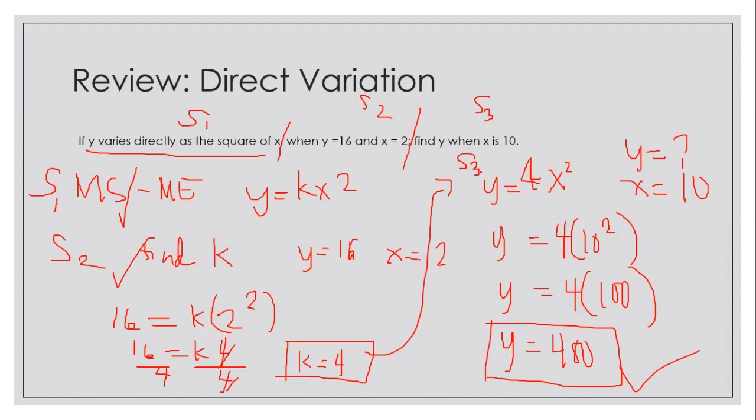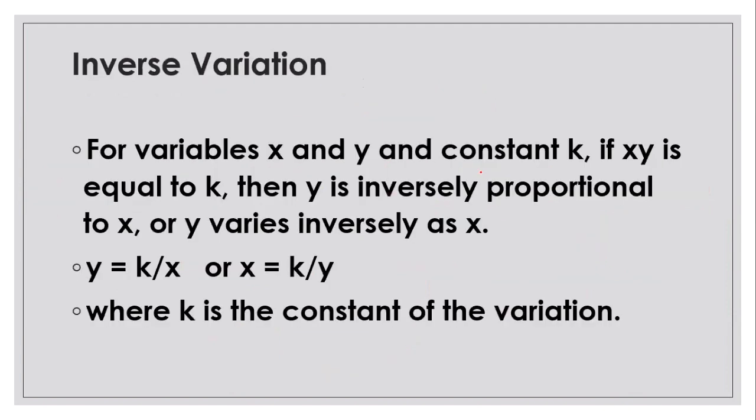So let us proceed to inverse variation. For variables x and y and constant k, if xy is equal to k, then y is inversely proportional to x, or y varies inversely as x. Kung noon ang napag-aralan natin ay direct variation, kapag nag-i-increase yung one variable, the other variable also increases.